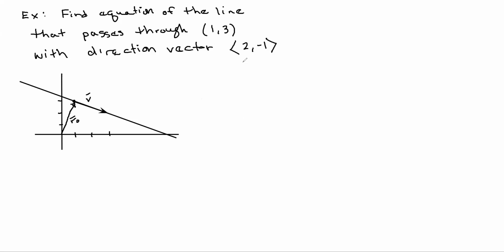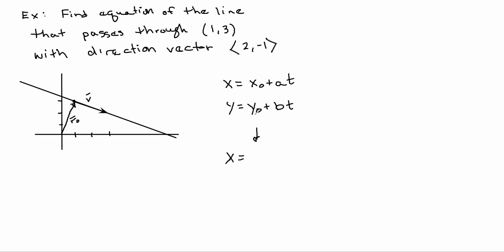As far as using this, it's actually really quite simple. If we have x equals x naught plus at and y equals y naught plus bt, then to find the equation, we're just going to plug in the appropriate information. You've got to make sure to put the information in the right spot.